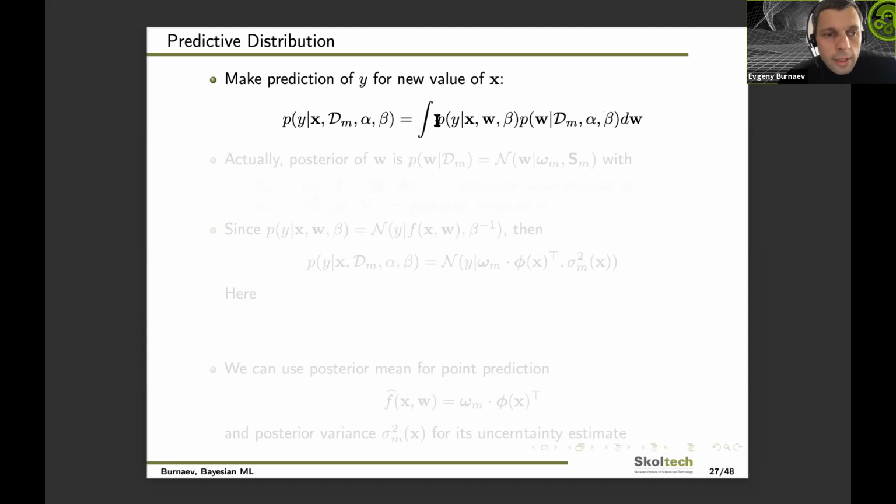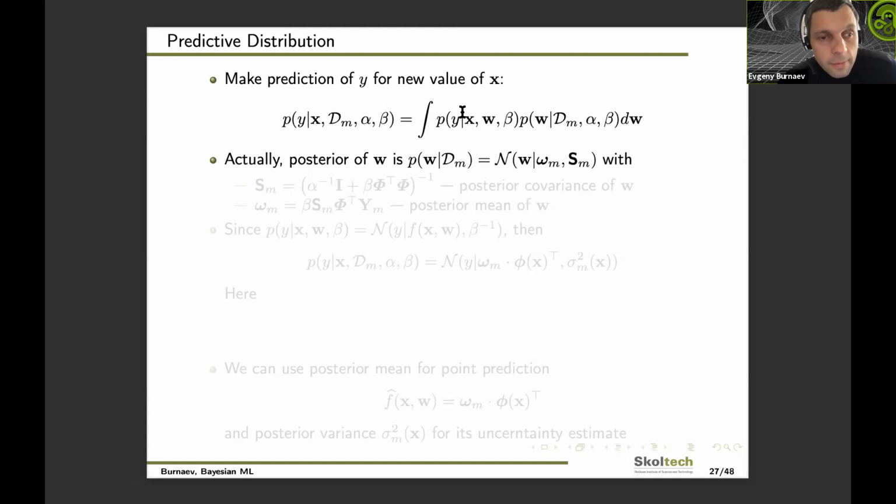In order to calculate the prediction of y given x, I need to integrate out the parameters which I don't know, because I don't know the parameters w. And all information about the parameters w is contained in the posterior distribution of w given the data set.